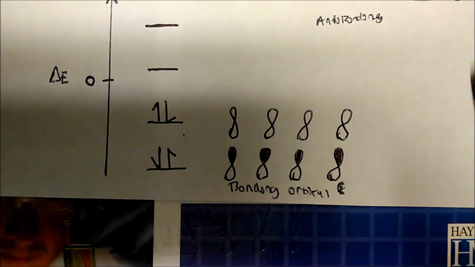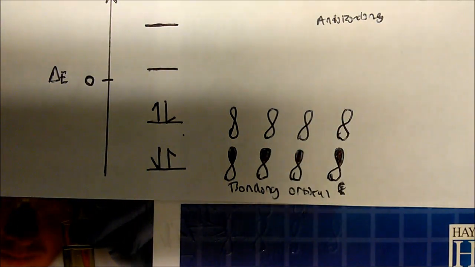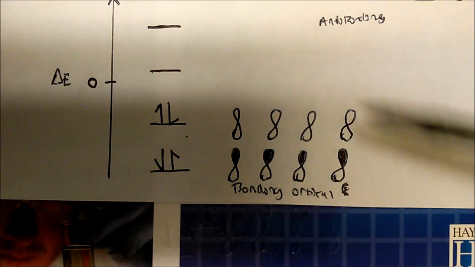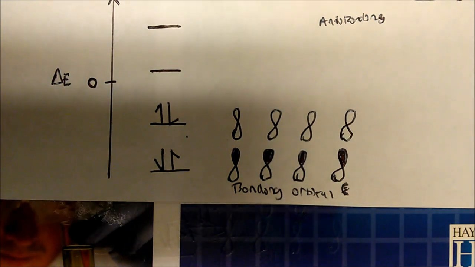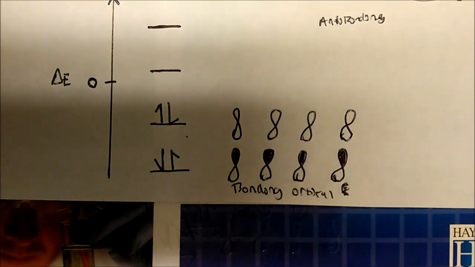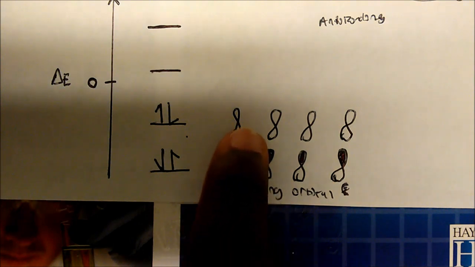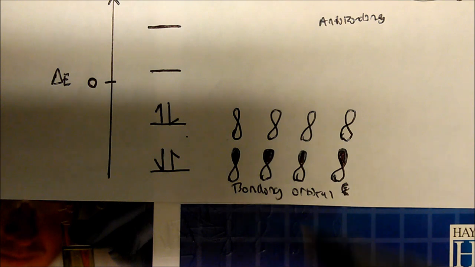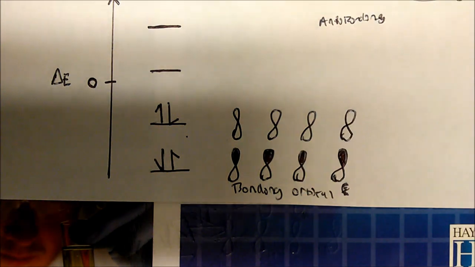Now remember, we said that the higher in energy we go, we get less bonding. And this is something I should mention, these are very symmetrical, so we have to show symmetry here. So we have 4. Now, the higher we go, there's less bonding.